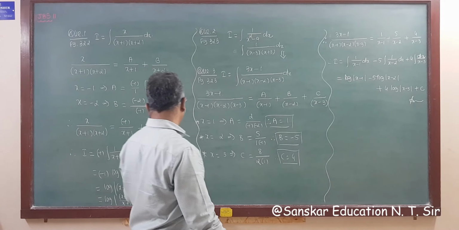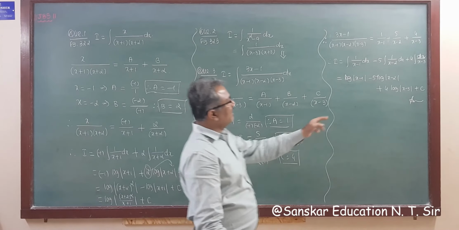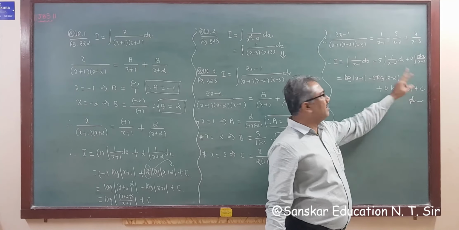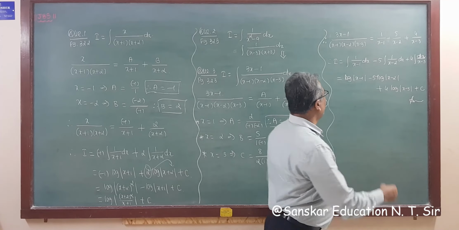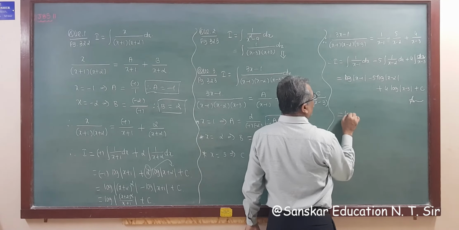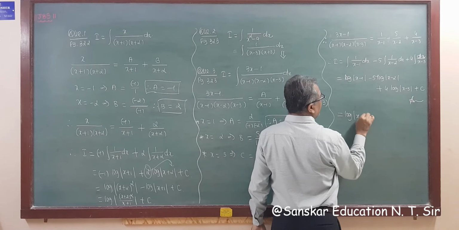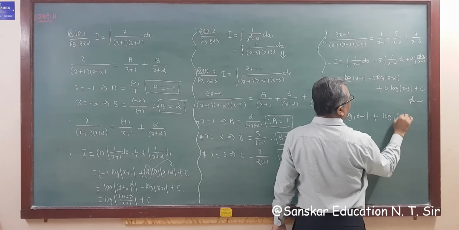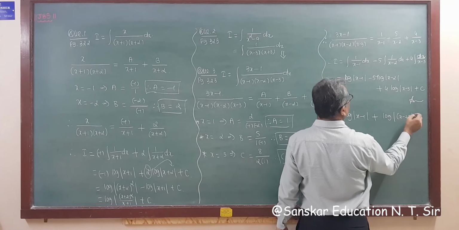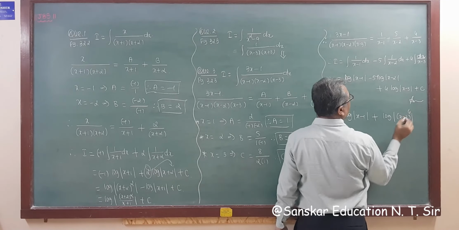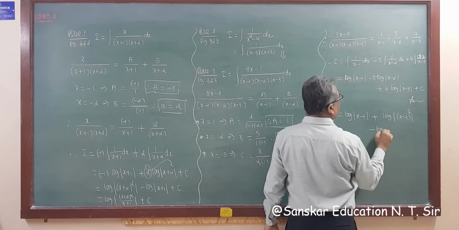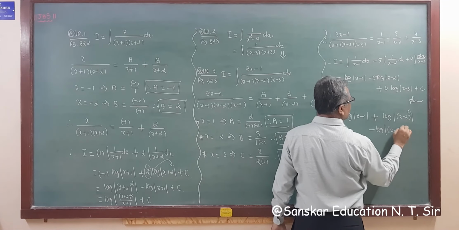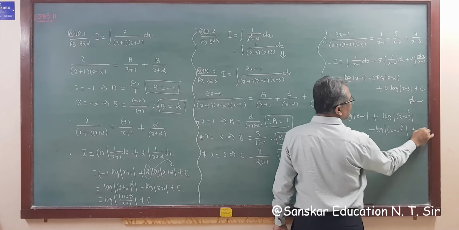And if you want to write it like this, then take the 4 to the power, take the 5 to the power here. What we get? I is equal to log mod x minus 1, I am writing this first, plus log mod x minus 3 whole raised to 4, right? And minus log mod x minus 2 raised to 5 plus c.